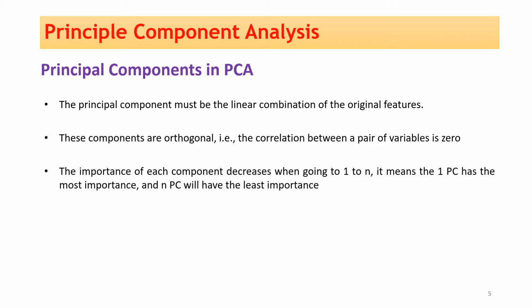It means the first PC has the most importance and the nth PC will have the least importance. So these are the basic principles of principal components in principal component analysis.